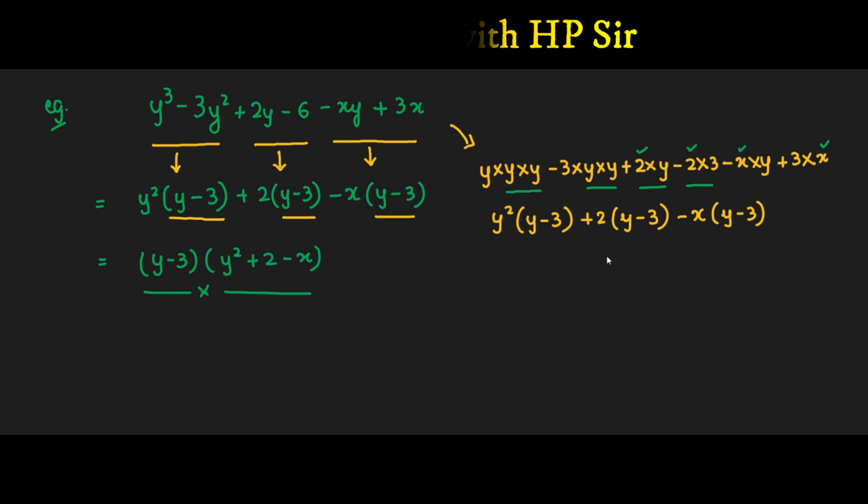This is how we got the second step. So now again y minus 3 is common, and in the second bracket we have y square plus 2 minus x. I hope now it is clear.